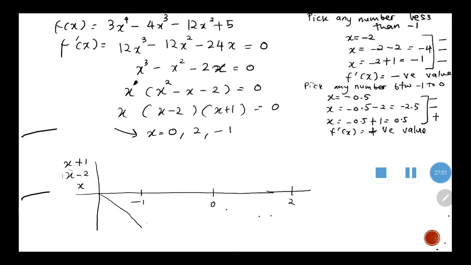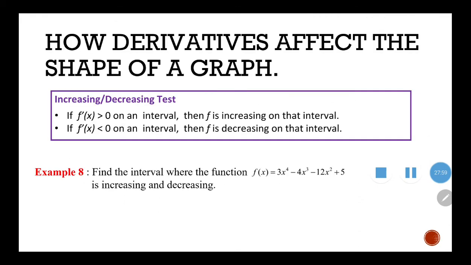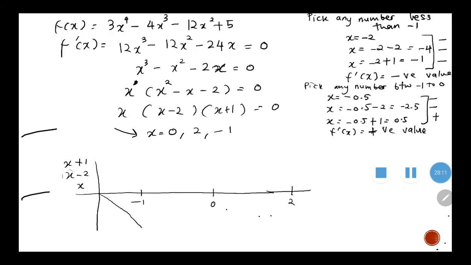So now, is it increasing or decreasing between -1 to 0? Let's look at the notes again. If f prime x is larger than 0 on an interval, then f is increasing. So increasing, how? We should do it like this.